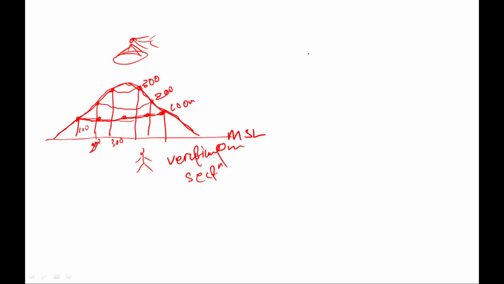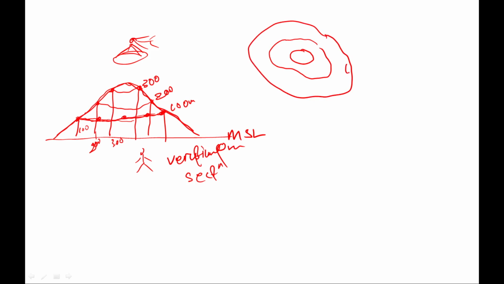They look like concentric rings, concentric circles, or concentric ellipses, like that.